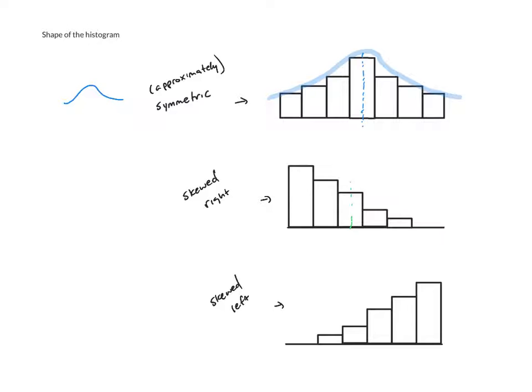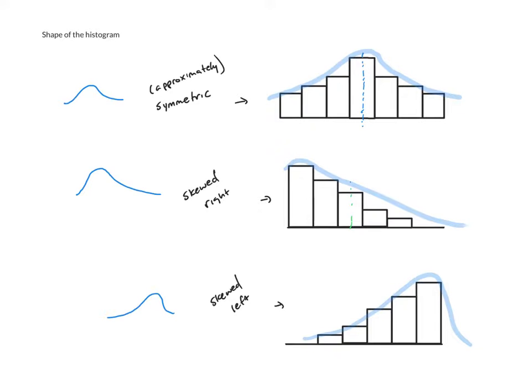This is approximately symmetric. Same with this one down here. That is, this one goes up and then trails down on the side. If I wanted to draw that without drawing the bars, I would draw it as up and trailing off to the side. The final one here goes up and drops off. I can give an approximation of that by drawing it without the bars.